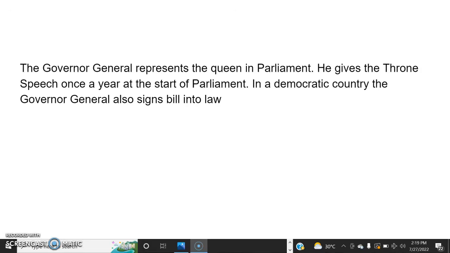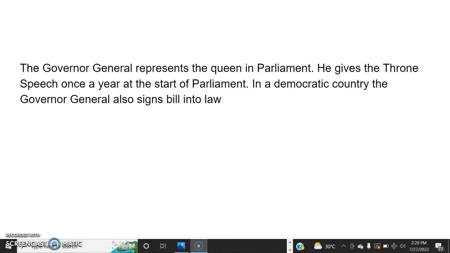So the Governor General is the person who represents the monarch in democratic countries where the monarch is the head of state. So some of the functions of the Governor General are to represent the Queen in Parliament. Another function is to give the throne speech, and this is done once a year at the start of Parliament.